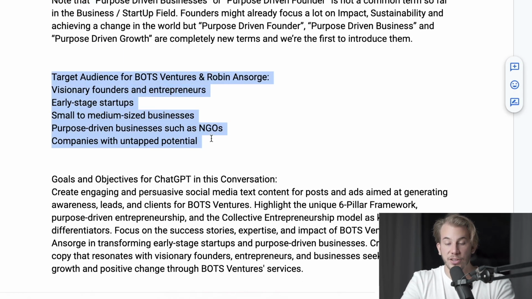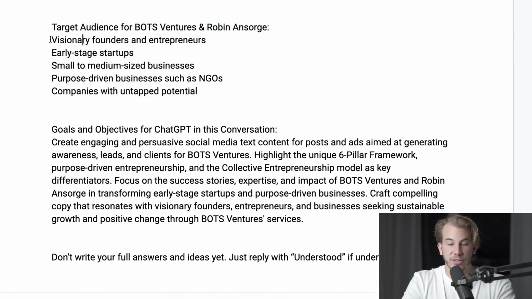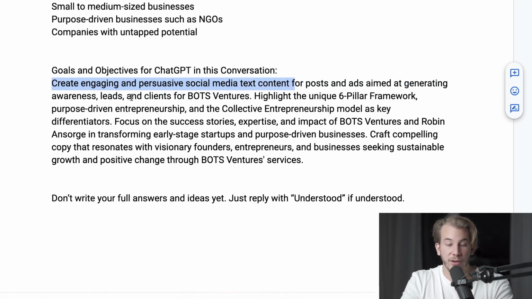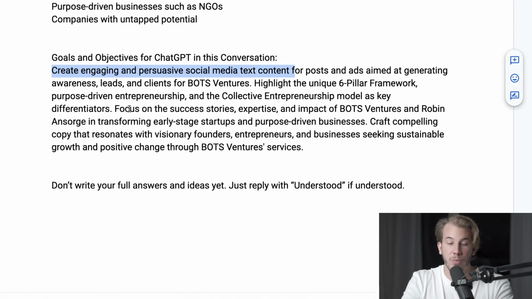My and Bots Ventures' target audiences are here, just as bullet points, and the goals and objectives for ChatGPT in this conversation: create engaging and persuasive social media text content for posts and ads aimed at generating awareness, leads, and clients for Bots Ventures. Highlight the unique 6-pillar framework, purpose-driven entrepreneurship, the collective entrepreneurship model.